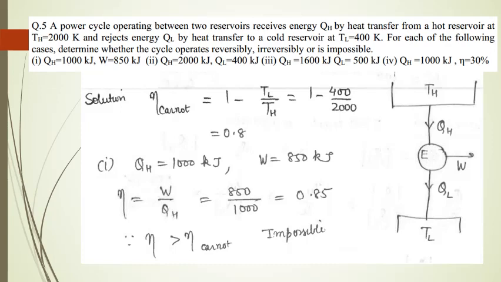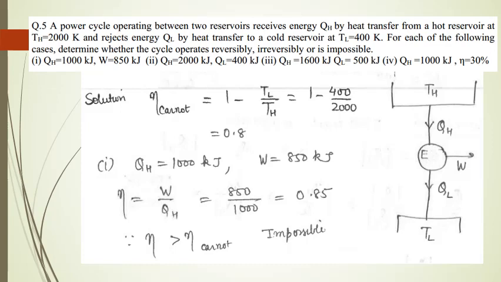Now in this question, what is being given? The temperatures of the two reservoirs have been given, that is 2000 Kelvin and 400 Kelvin. From this one can determine what is going to be the efficiency if a reversible heat engine operates between these two limits.